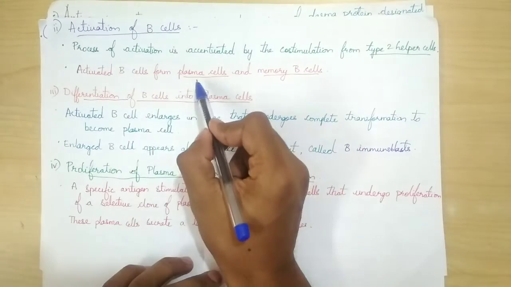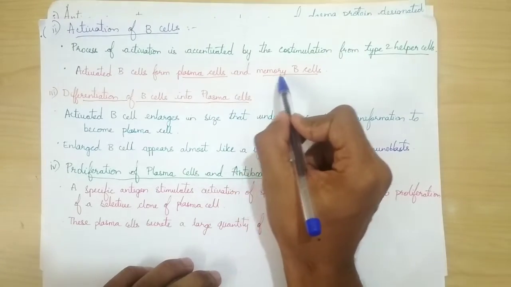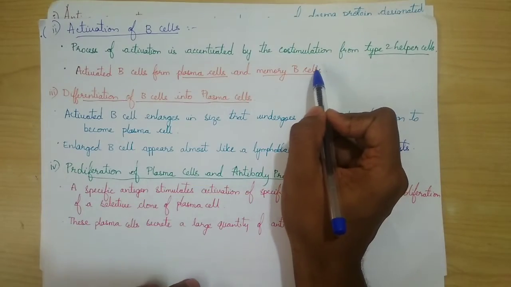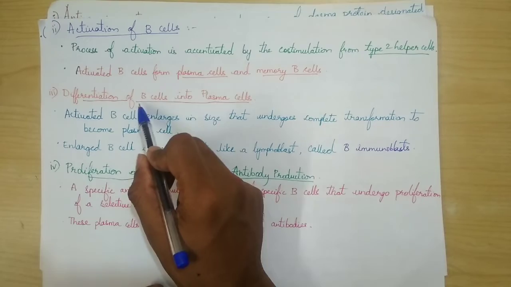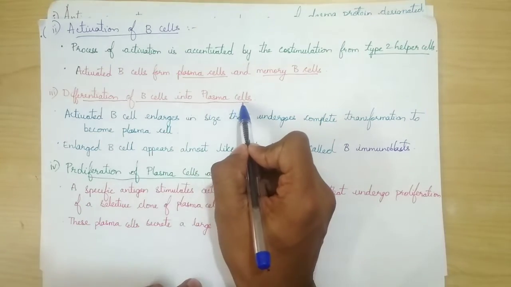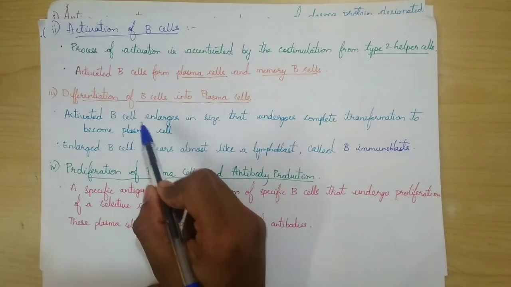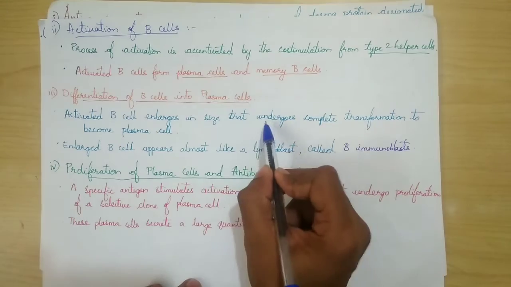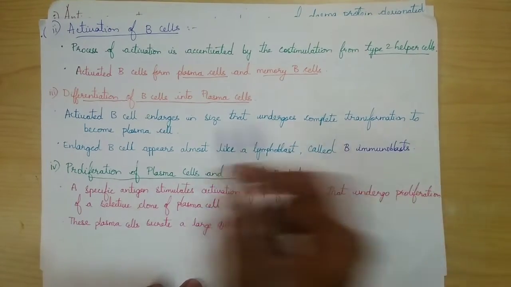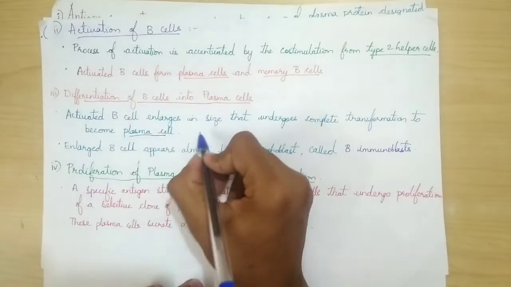These activated B cells form the plasma cells and the memory B cells. The next step is differentiation of B cells into the plasma cells. The activated B cell enlarges in size and undergoes complete transformation to become the plasma cell.